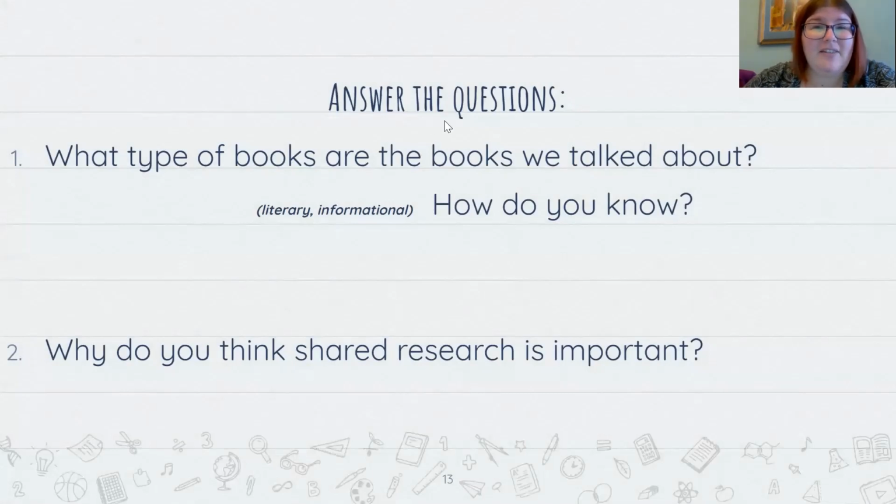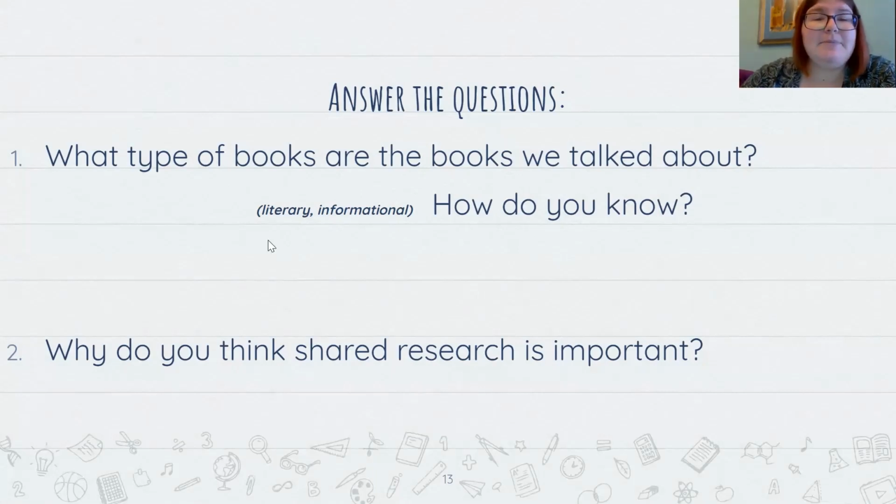And then our last, answer the questions. Let's read. What type of books are the books we talked about? Literary or informational? How do you know? So I might use the sentence stem: The types of books we talked about are, I know because, okay?